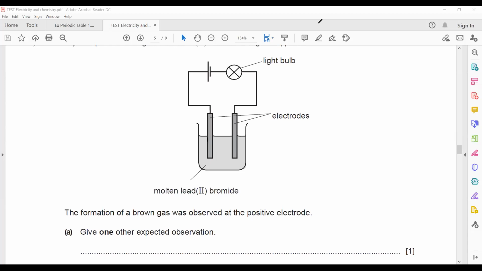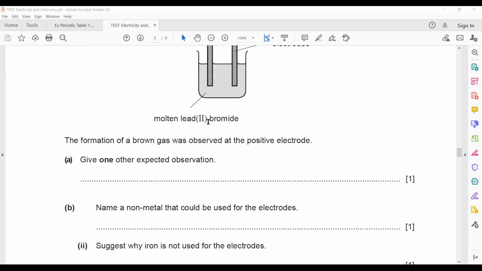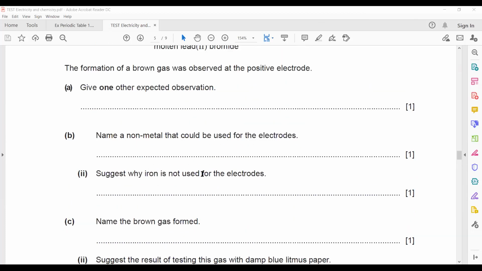So the answer here: because metals tend to react, we always prefer a less reactive metal. Suggest a reason why iron is not used as an electrode. Because iron is reactive, it might react with the solution.